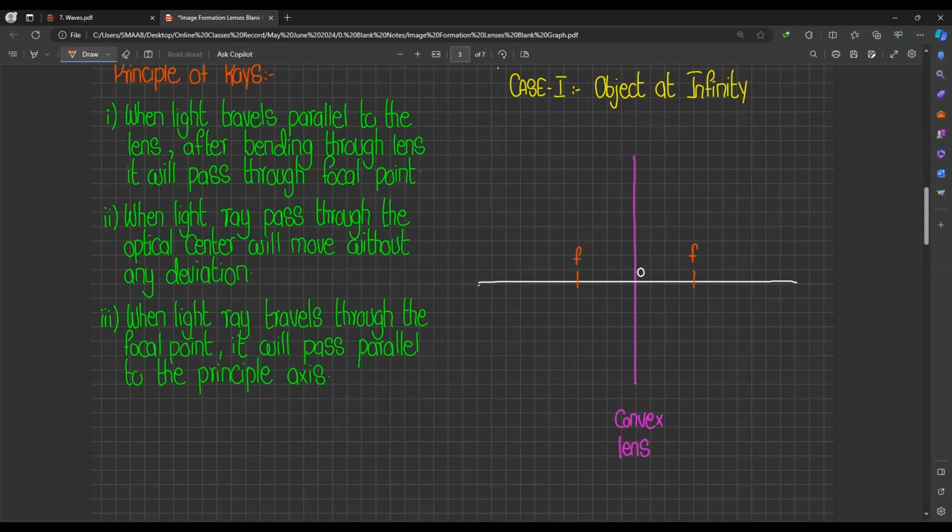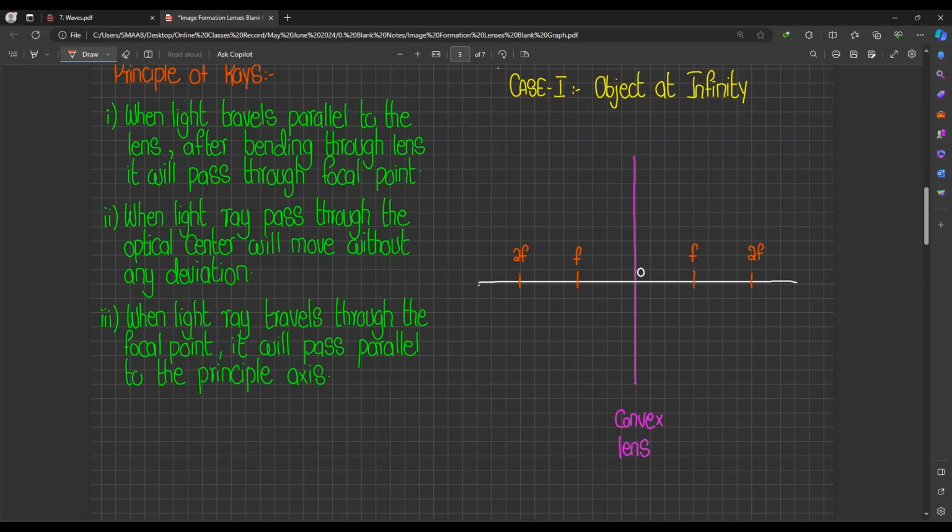That's why we use this graph paper or grid, because it will be easy for us to mark the distance at equal point without any confusion. And if you further count four boxes, 1, 2, 3, 4, this will be twice of focal length, right? Any confusion?